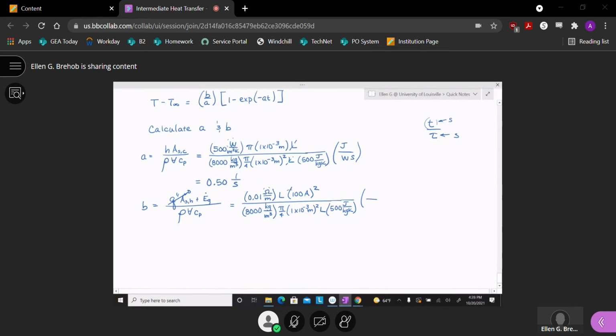Again, this combination of terms gives me watts, and I got joules on the bottom. And B gives me units of Kelvin per second.